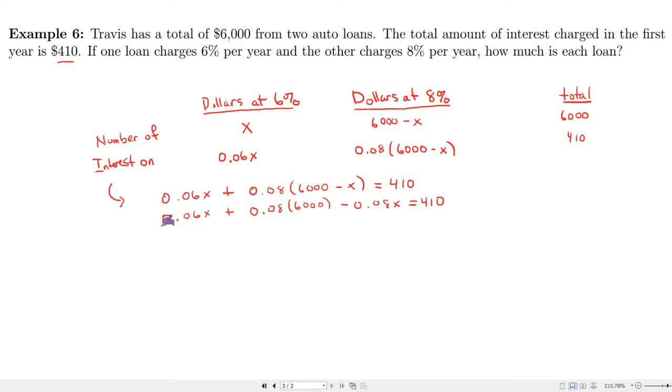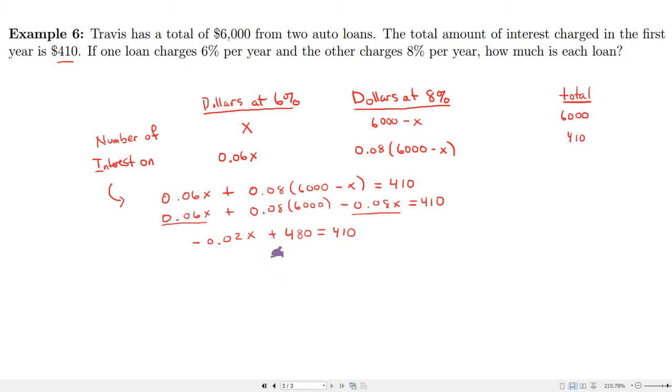And so we have these two like terms. They both have x's in them, so we could subtract their coefficients and simplify this. So 0.06 minus 0.08, we're actually going to get negative 0.02x, and 0.08 times 6,000, that'll be 480, equals 410. So this is looking a little bit better.